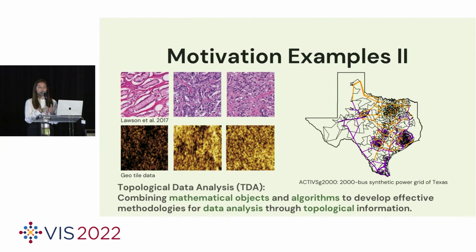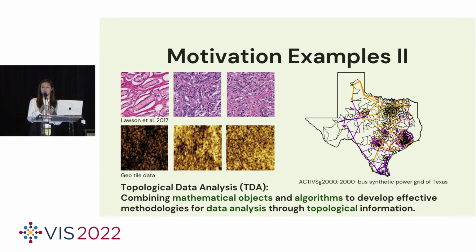And here are more examples of complex data that has unique shapes. Here I put some cancer images, geodata, and also graphs like power systems. So topological data analysis is a tool to abstract the shape of data, combining mathematical objects and algorithms to develop effective methodologies for data analysis through topological information.